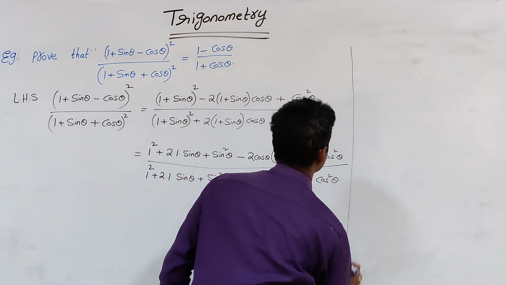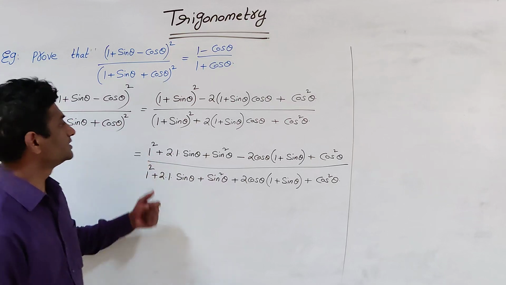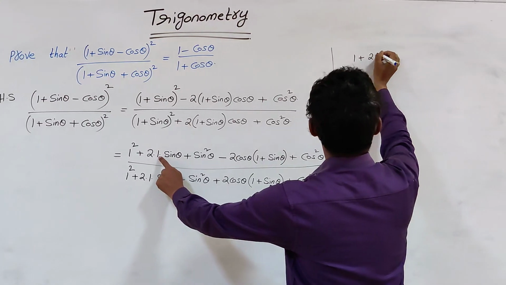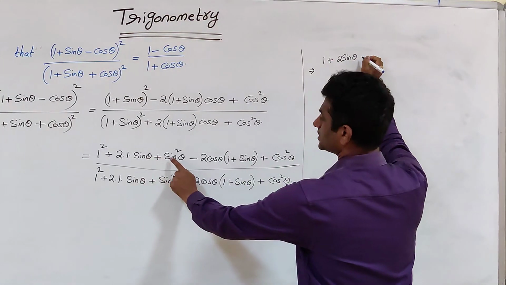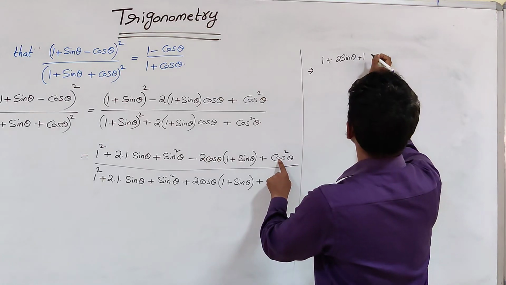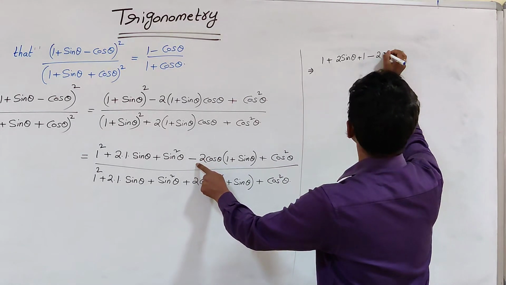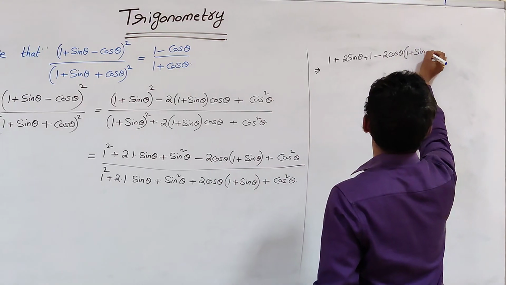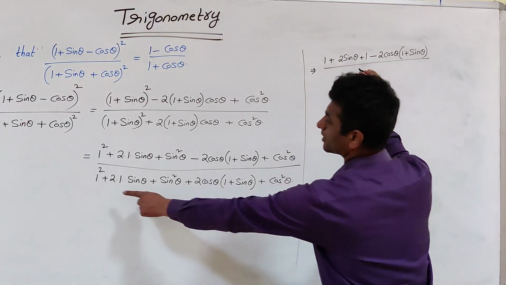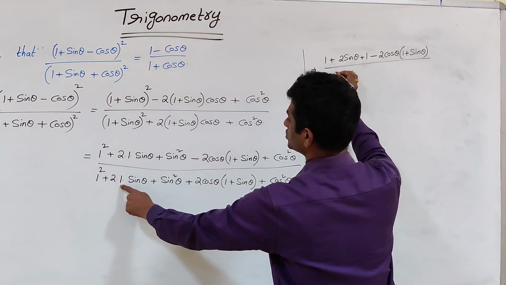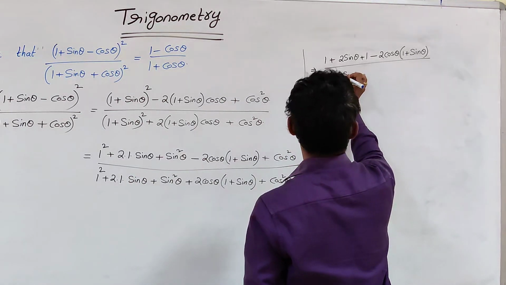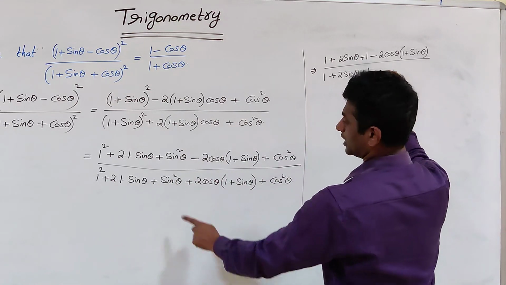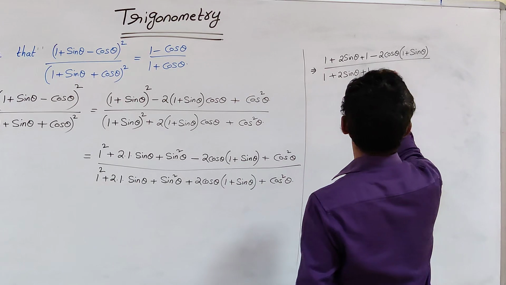So what happens? 1 is as it is, 1 plus 2 sin theta plus sin square theta plus cos square theta, which is 1, and keep minus 2 cos theta into (1 plus sin theta) as it is, upon 1 square is 1, plus 2 into 1 into sin theta is 2 sin theta, and sin square theta plus cos square theta is 1, and plus 2 cos theta times (1 plus sin theta) as it is.